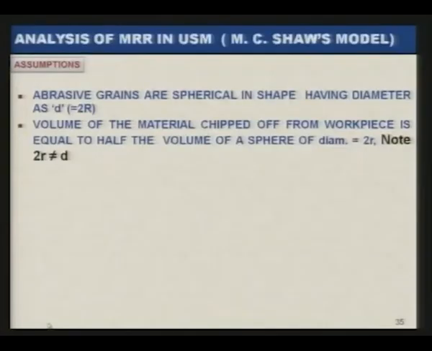Let us see the second assumption again: the volume of the material chipped off from the workpiece is equal to half the volume of a sphere of diameter equal to 2r. Note that here 2r is not equal to d, because d is the diameter of the abrasive particle or the grit, while 2r is the assumed diameter of the fractured volume considered as a sphere.